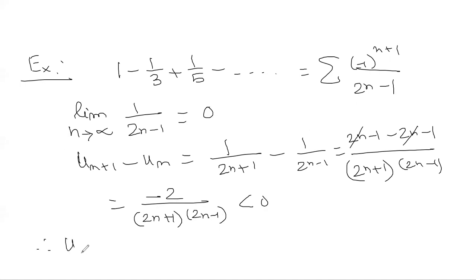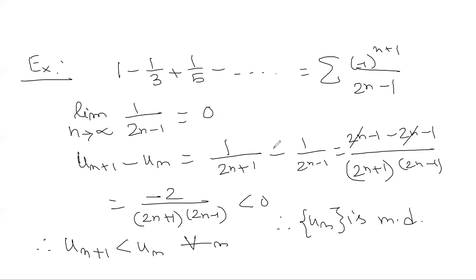So un plus 1 is always less than un for all n. So un is a monotone decreasing sequence of positive real numbers, and its limit is 0.